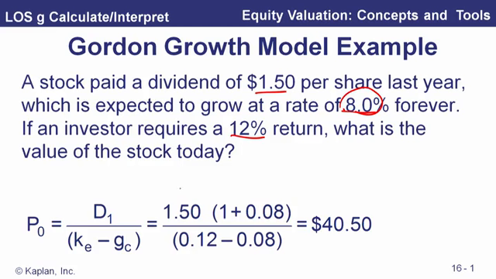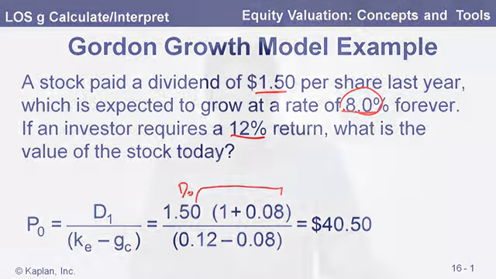So first off, we turn D0 into D1, multiplying by 1 plus that growth rate. Now, be aware, whenever you're looking at problems, if it says paid last year, recently paid, anything like that, that's D0. If it says will pay, is expected to pay this year, or they're fixing to pay this year, as they say in Texas, then that's D1 and you don't have to grow that.